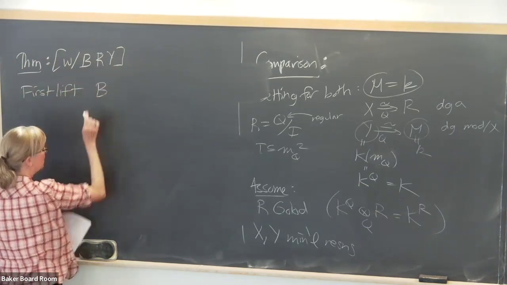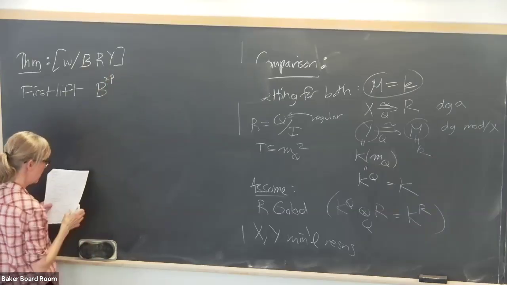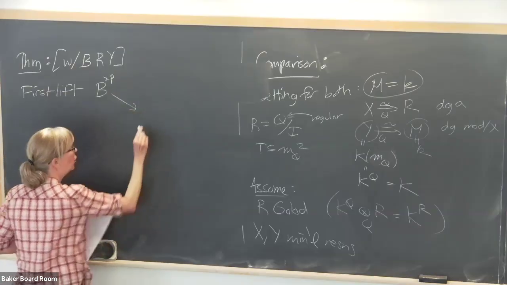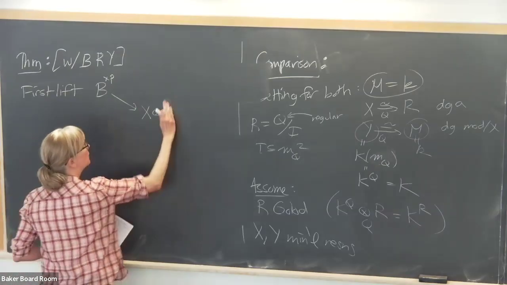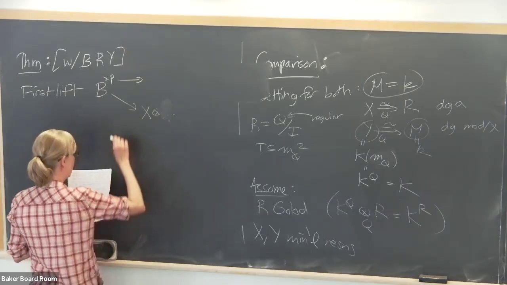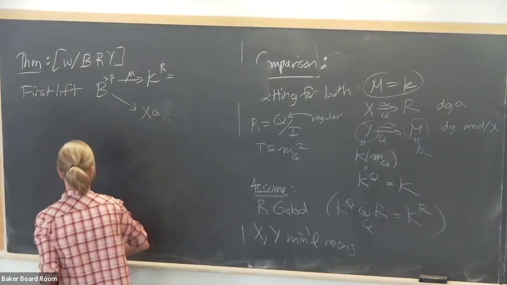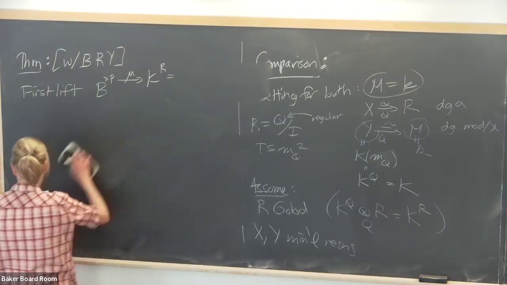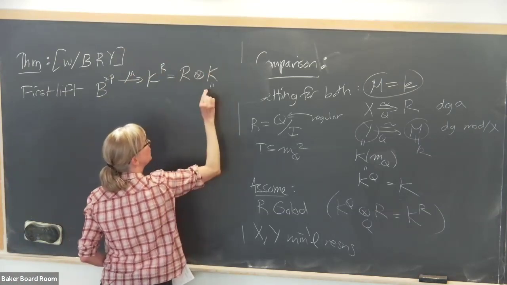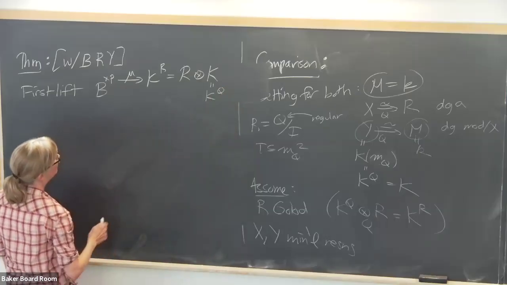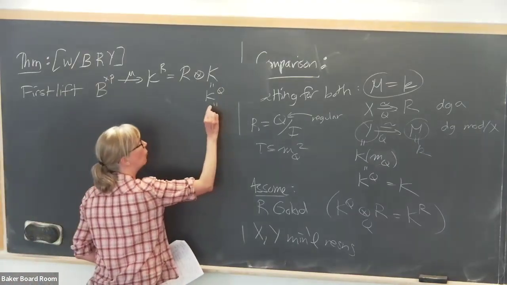So we have a set B, crossed with itself P times, goes to X tensor. Oh, no, sorry. The Massey operation goes to the Koszul complex on R, which is really R tensor K, by which I mean the Koszul complex on Q. Oh, let me erase the bottom part.